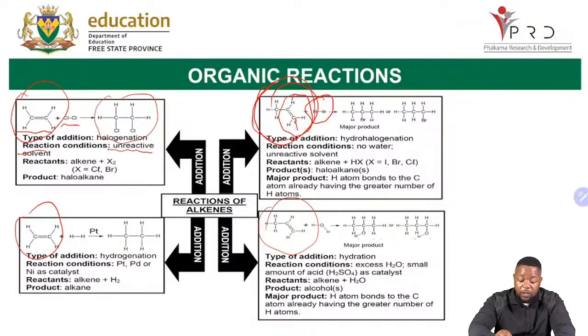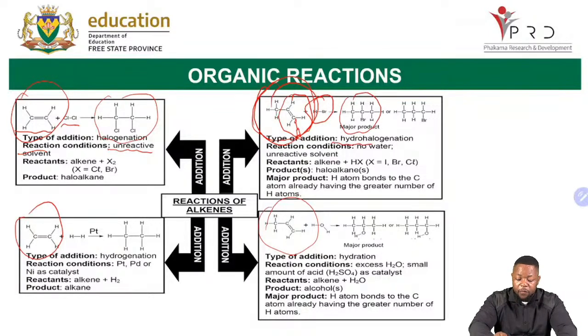So the hydrogen should go to the first carbon and the bromine should go to the second carbon for us to get the major product. So in the organic chemistry that we are doing, we focus on the major product. Remember, when adding a hydrogen halide, the hydrogen goes to the carbon that already has most hydrogens.